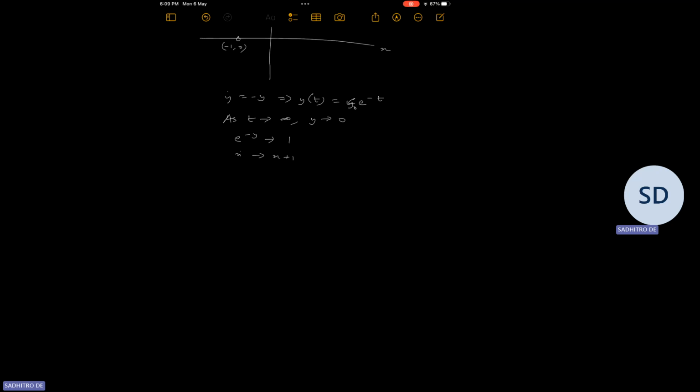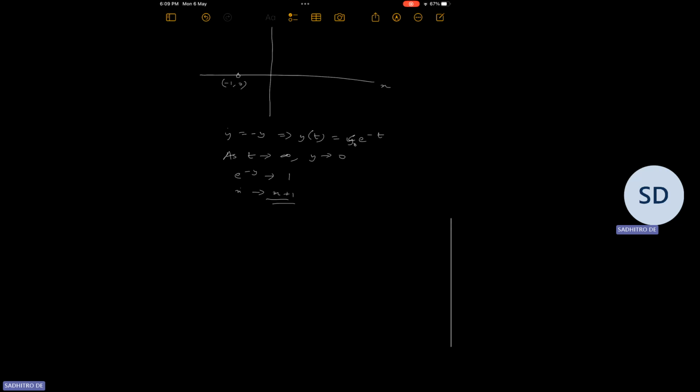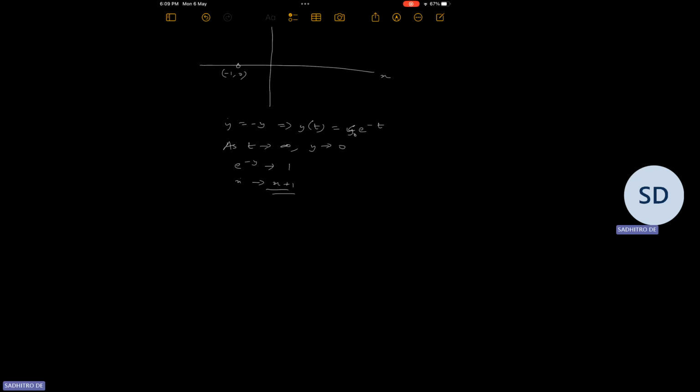So the flow along the x-axis, as I was saying, is governed along the x direction by this particular equation. At late times, when the solution approaches the line y equal to 0, the direction of the flow depends on this.